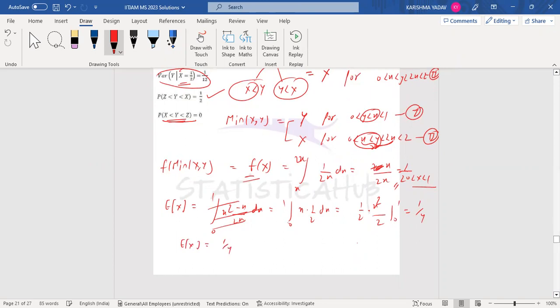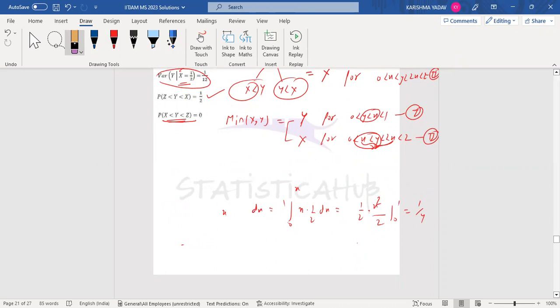Okay, so now let's look at it. We got two expectations. Let's write it in a very clear format. We have to find expectation of minimum of x comma y. There are two possibilities: if x is less than y, and if y is less than x.